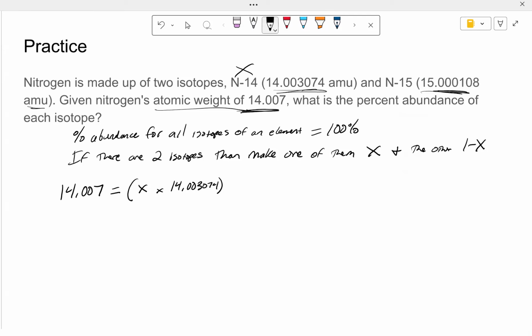Now, how do I handle nitrogen 15? Well, I'm going to make it 1 minus X. That's its abundance. And then I multiply that by its atomic mass. So there's a little bit more math, a little bit more algebra involved when you're trying to find the percent abundance.